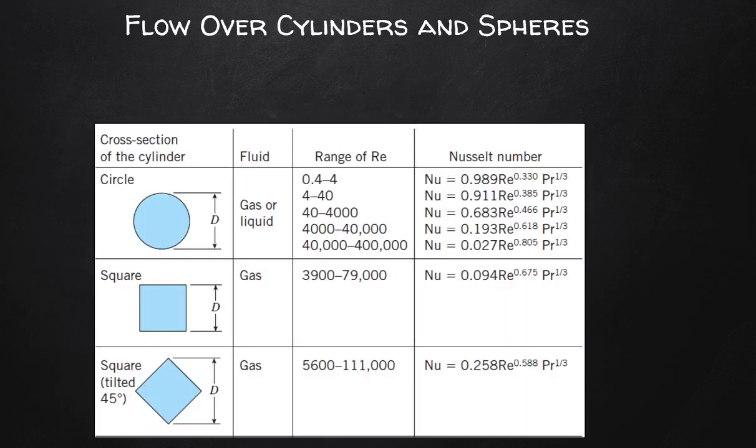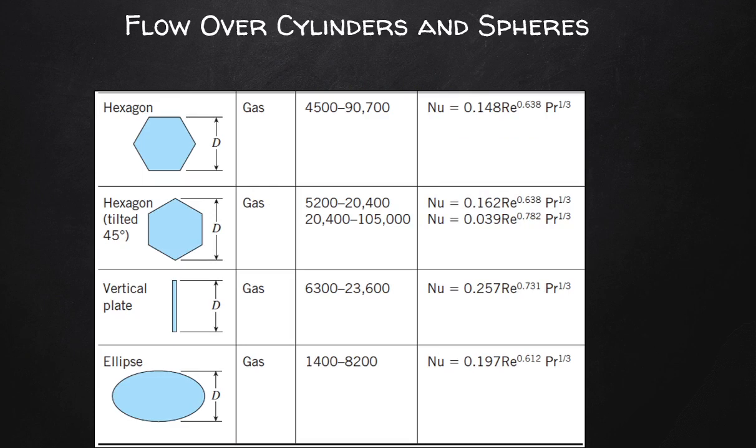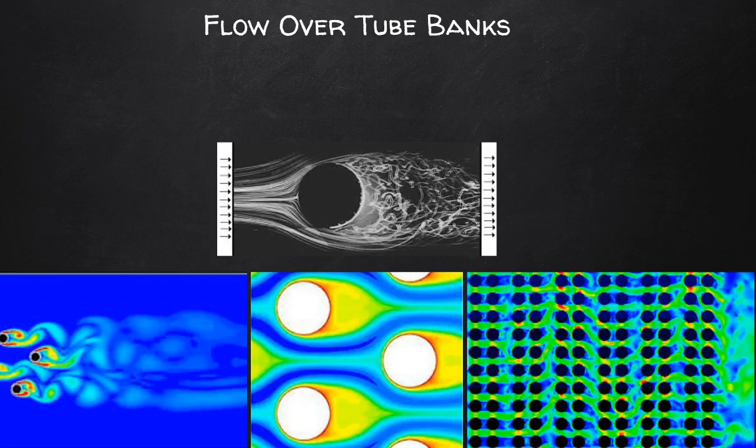Okay, so just keep that in mind. Now the textbook does provide additional cases for differences in geometries, flow regimes, as well as the fluid type. So you can go over those yourself.